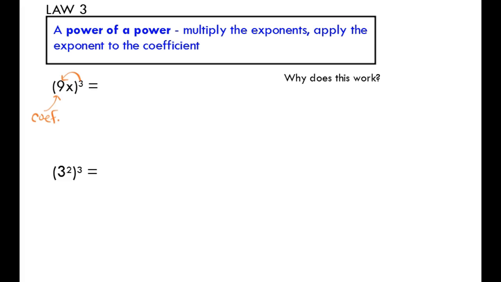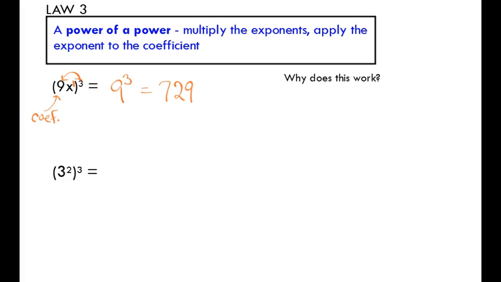X is a base, and it has an exponent of 1. So if I do 9 to the third, that would be 9 times 9 is 81, and 9 times 81 is 729. So you get 729 there because it's 9 to the third power.